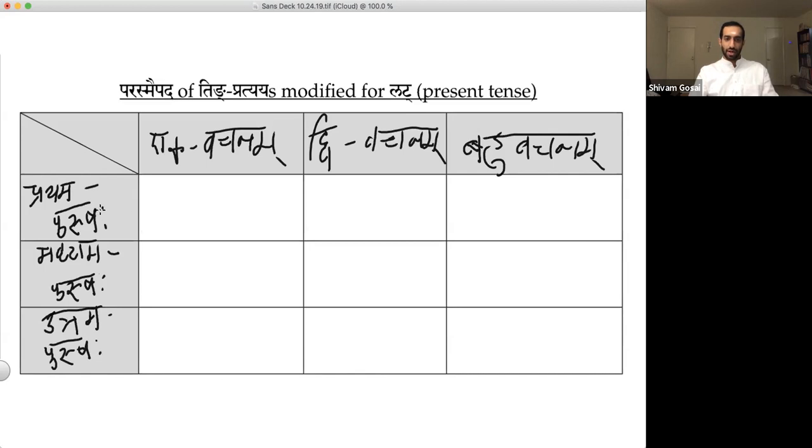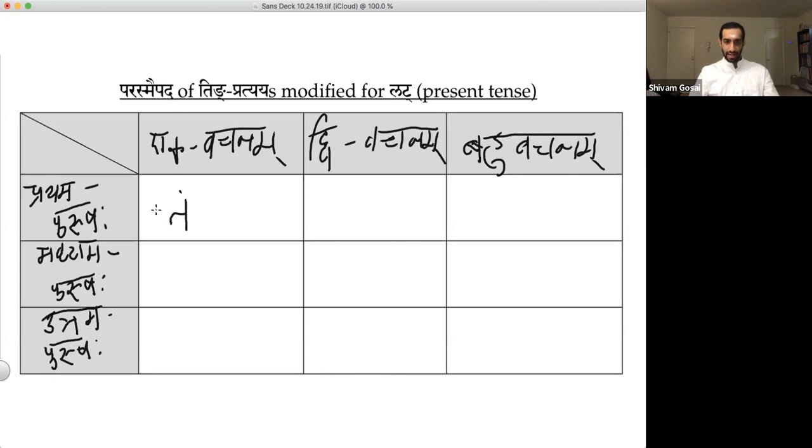Okay, so we have our vachanam at the top, and then around this column, we have all the purusha, pratama, madhyama, and uttama purusha.